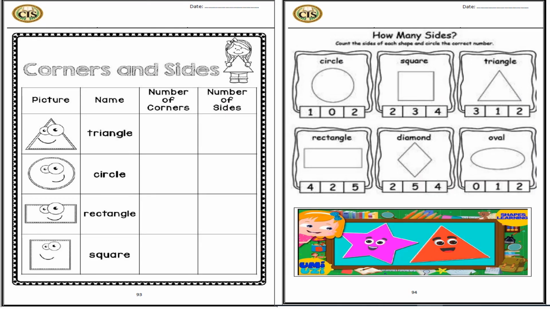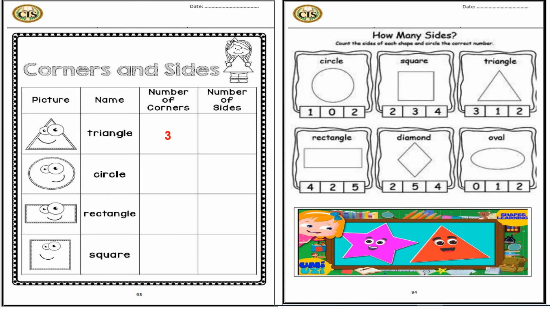Corners and sides. What is the meaning of corner? It's the same as the vertex. They are equal. First shape, what is the shape name? First shape is a triangle. The number of corners in the triangle is 3.